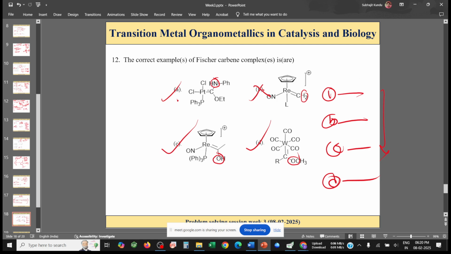Read or see all the options. So here options A, B, C, D are the correct answers.